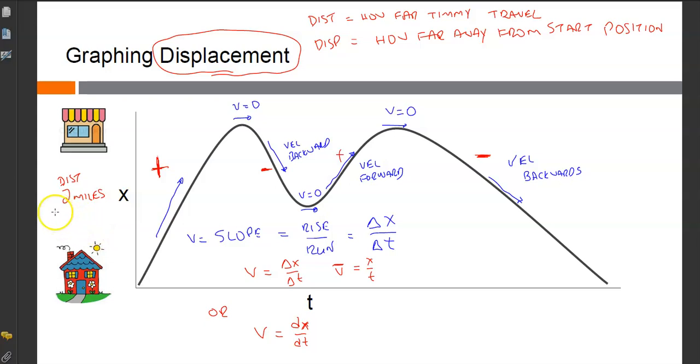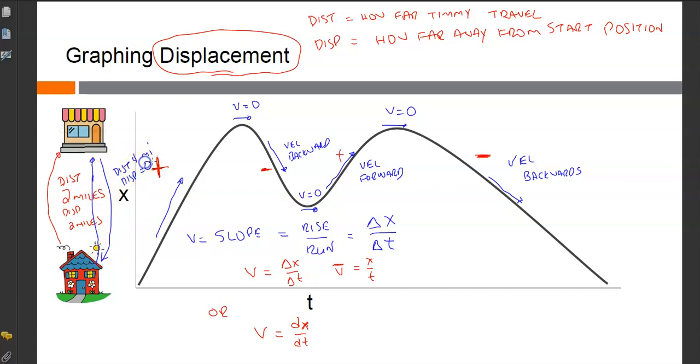Now, I guess what I should write is, here's a red arrow going this way, so the distance is 2 miles, and the displacement is also 2 miles. That one is the same. However, when I think about the round trip, when he goes there and then back, the distance would be 4 miles, but the displacement, he's right back where he started.